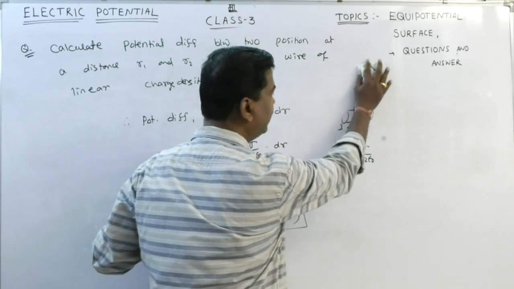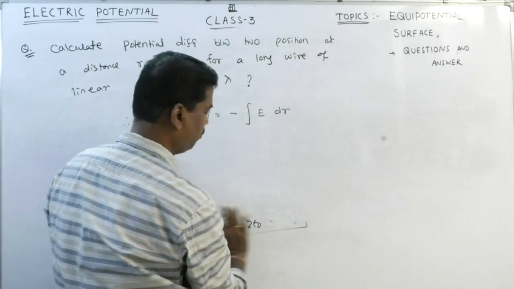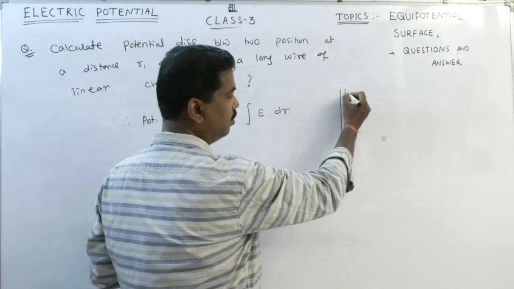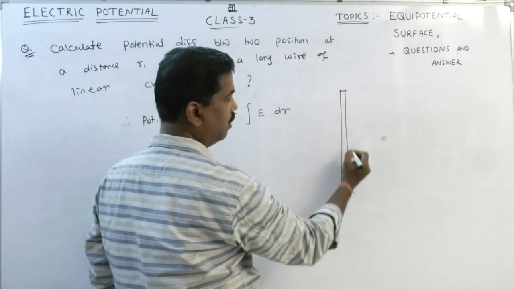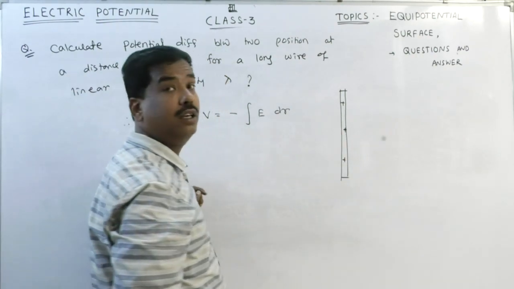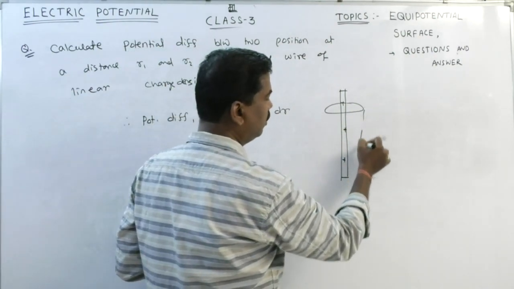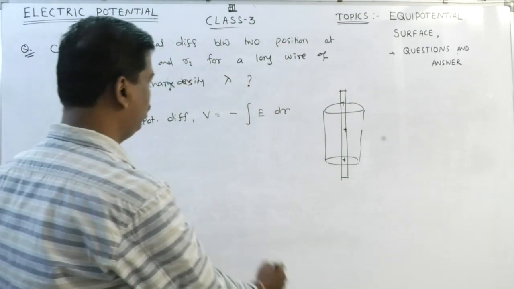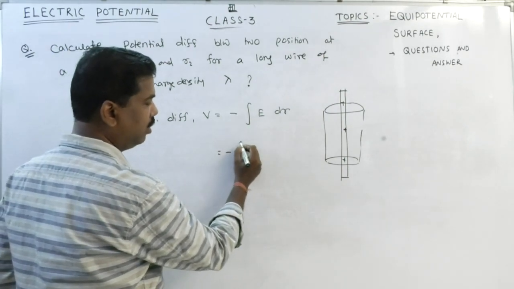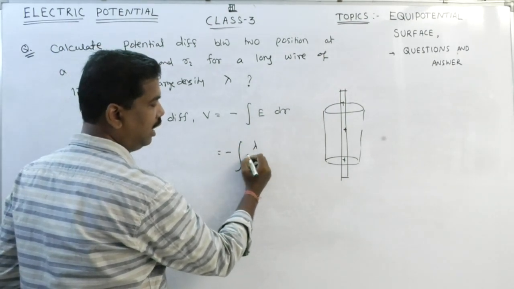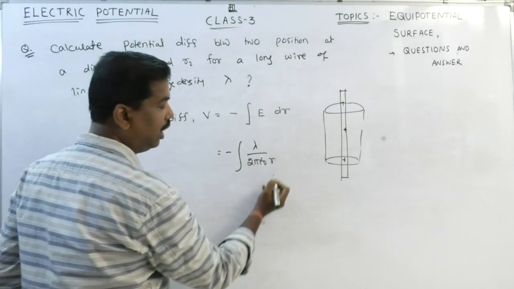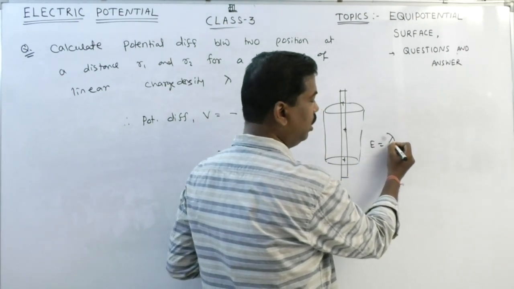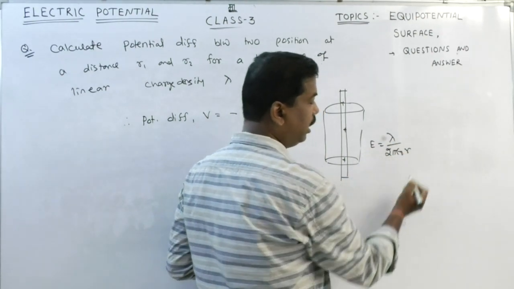Here, instead of a charged sheet, he has taken a linear charge conductor. For a linear charge conductor, the Gaussian surface is cylindrical. So, the electric field is lambda by 2 pi epsilon 0 r. As we know earlier, E is equal to lambda by 2 pi epsilon 0 r. Clear?